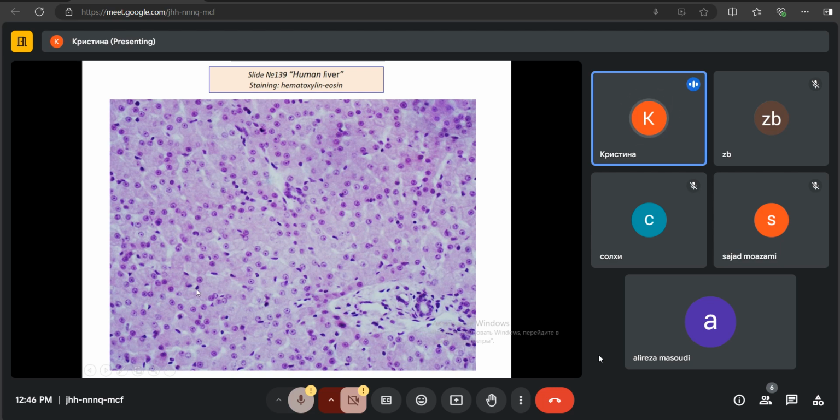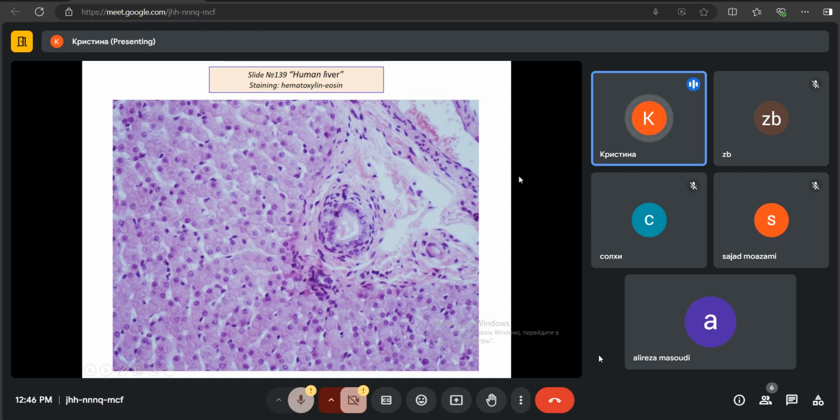Also, here this can be the Ito cell with a triangular nucleus, and here also. And a macrophage can have such a nucleus, which is bean shaped. Other nuclei which are round and light in color with the nucleolus in the center, those are nuclei of hepatocytes.